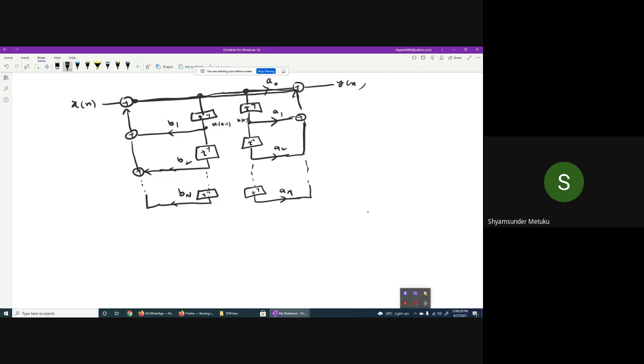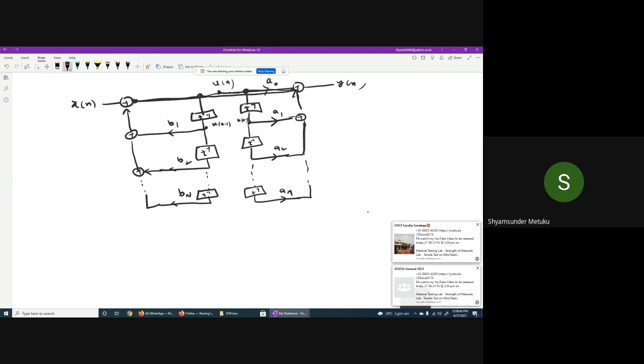From this point to this point, the signal is same or different? It is u of n, no? So to get u of n minus 1 for both, this is a feedback path. Sorry, feed forward path.